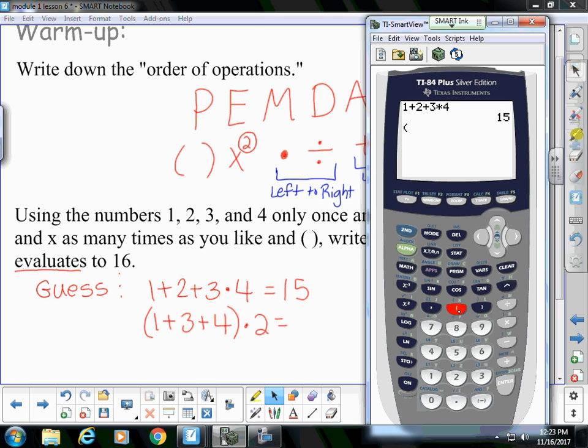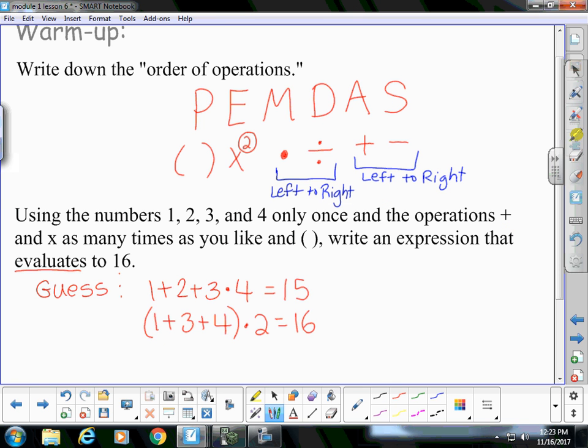So parentheses 1 plus 3 plus 4, and then times 2. And I got it. Now I have to be honest, I had already figured it out, because I already sat and played around with it. Sometimes it's going to take a little while, a little bit of playing around, but that's what you want to do: sit there and play around with the numbers. You guess it, you check it using your calculator to see what it comes out to until you finally get the numbers in the right order.